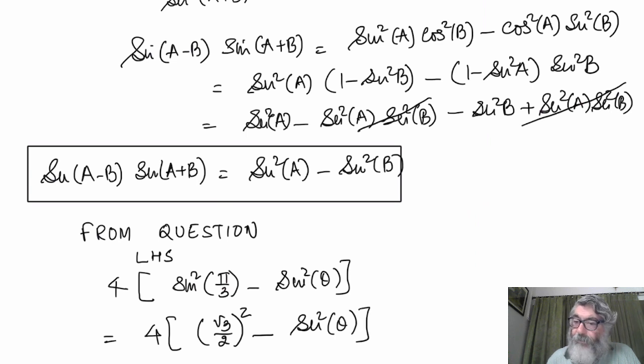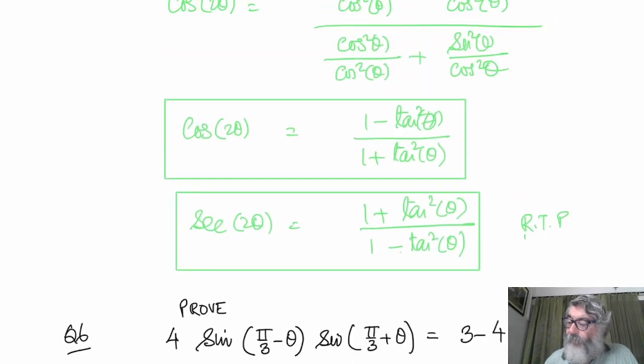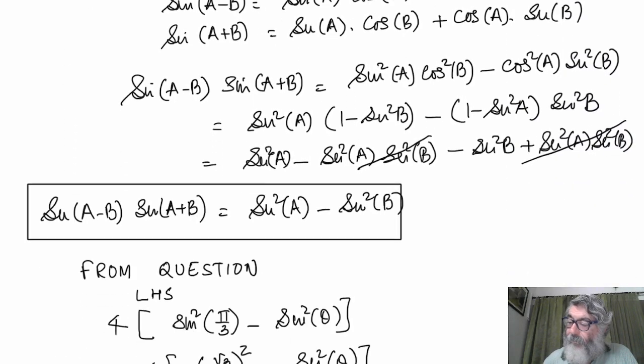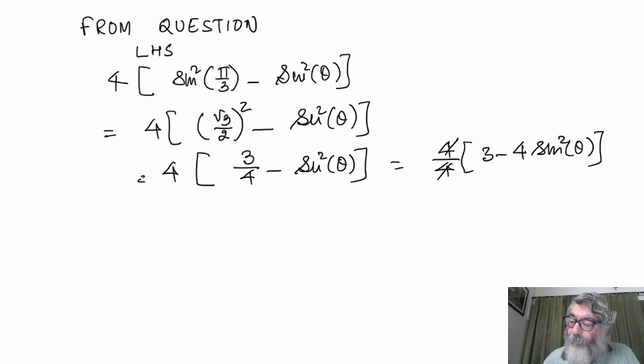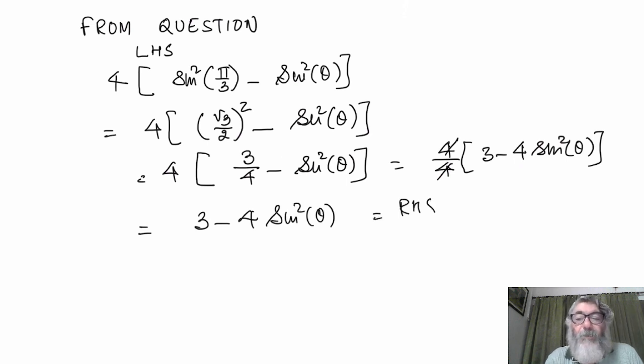It will become 4 into 3 upon 4 minus sine square theta. Now if I take 4 common, it becomes 3 minus 4 sine square theta, and the 4 will cancel. So you get 3 minus 4 sine square theta, which is nothing but the right hand side. So left hand side is equal to right hand side.